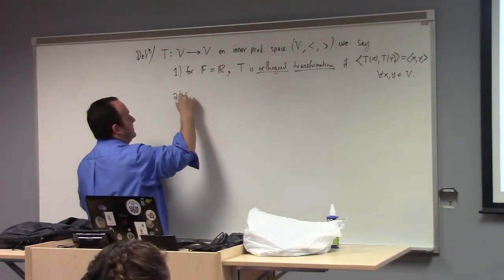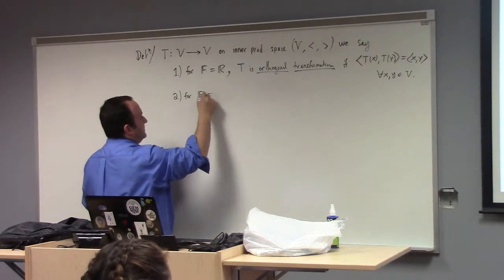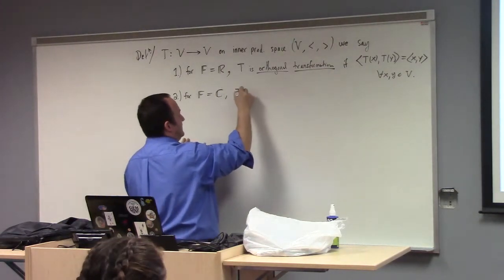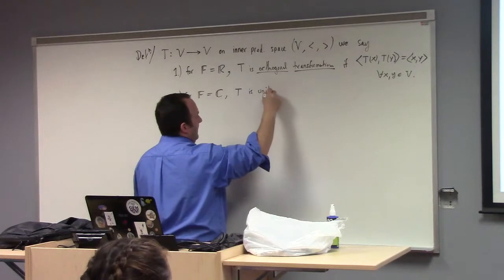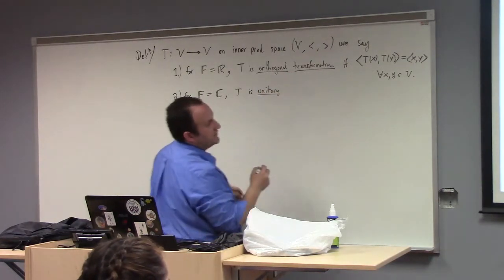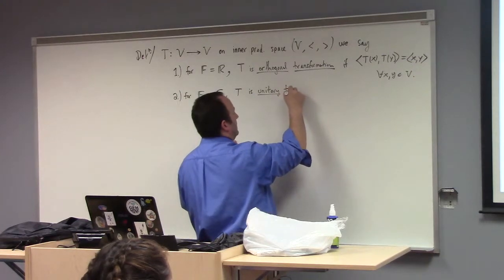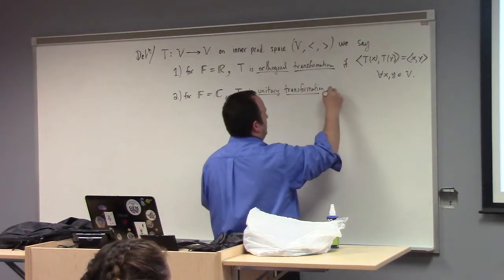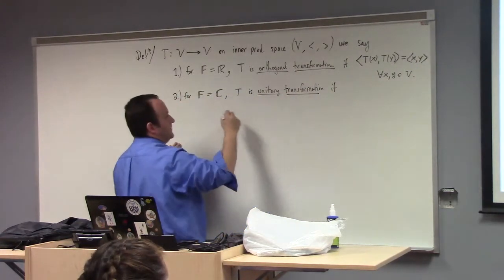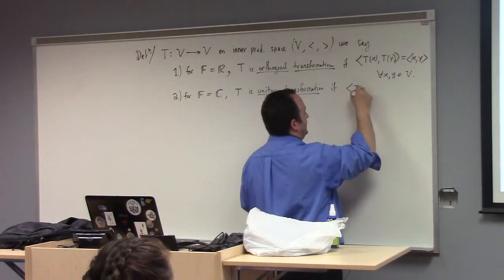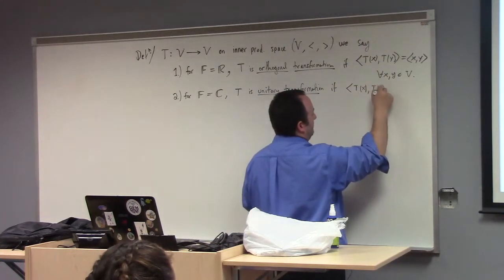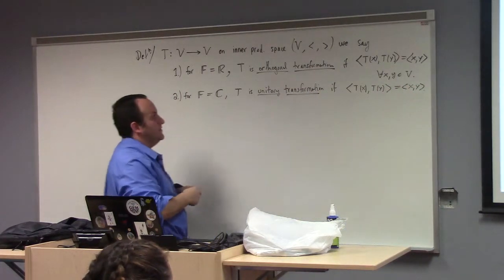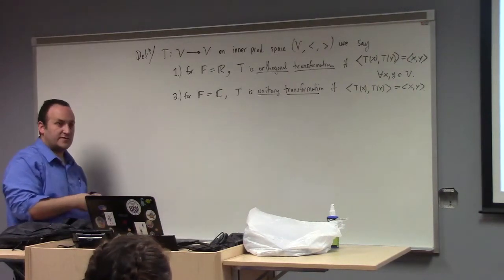Point number two, for the field being the complex numbers, then T is a unitary transformation if, again, the same condition: the inner product of T of x with T of y is the inner product of x and y. So this is what it takes to be a unitary transformation. This is what it takes to be an orthogonal transformation.